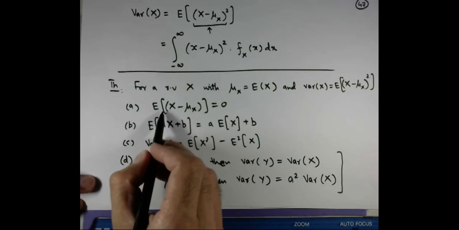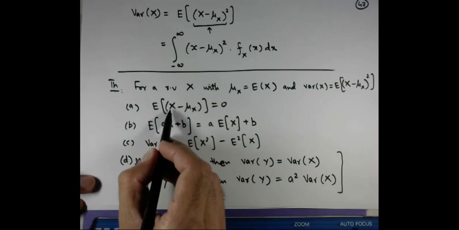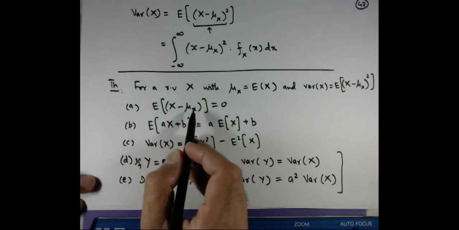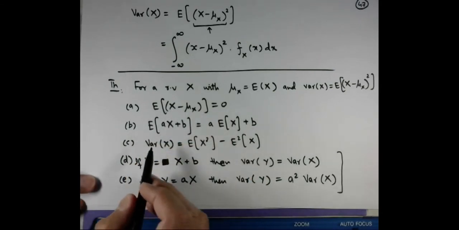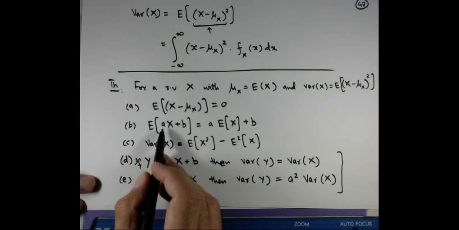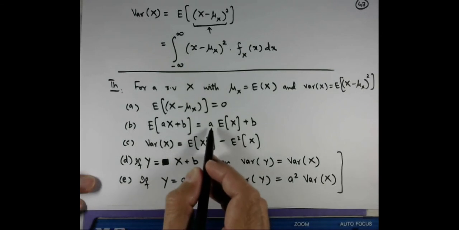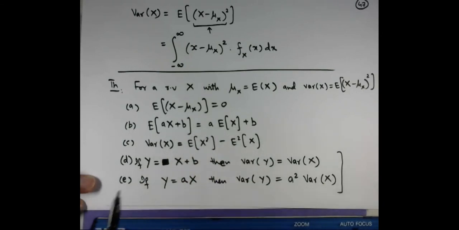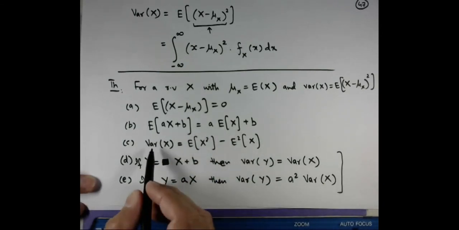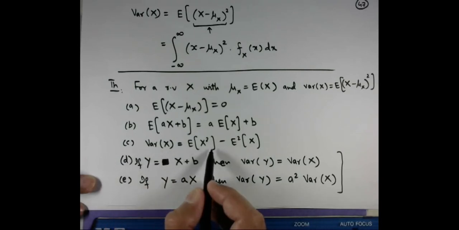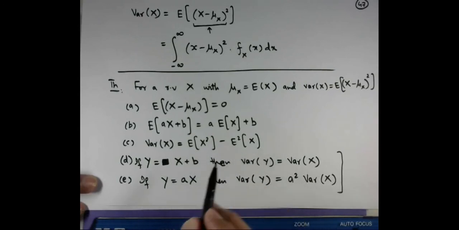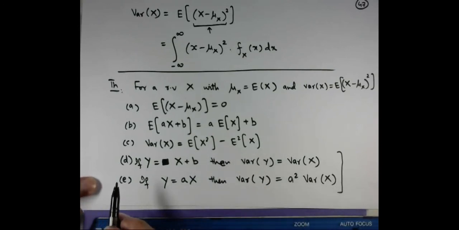This is already known. The measure of average spread of a random variable about its mean value is 0. If you scale and shift a random variable, only the scalar will affect the expectation and not the shifting. The variance of x is equal to expectation of x square minus e square of x, which is again simple to remember.